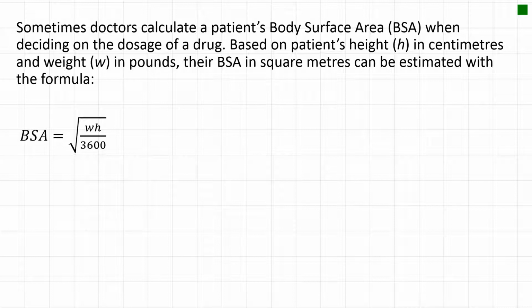The result is in square meters. This formula has been developed so that you get a good estimate of the BSA based on those two variables, height and weight, in those particular units.